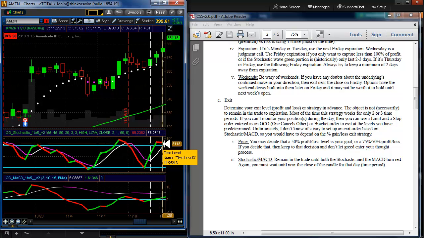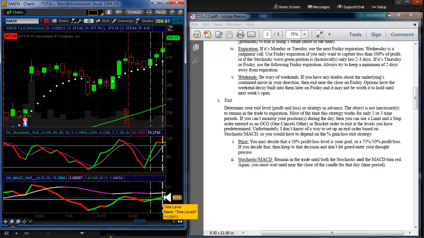I'm quite sure that this probably popped up green and then dropped down red and then went green and went red, back and forth during the day. That's why we like to wait until 3:30 in the afternoon to come and take a look and see what's happening. But the MACD is green, so you would stay in the trade per this rule. They must both turn red.